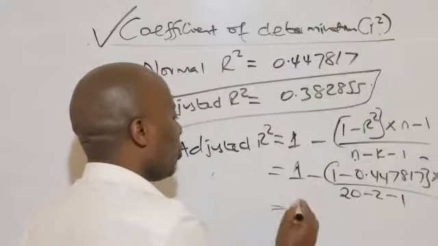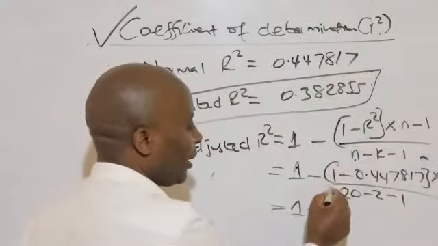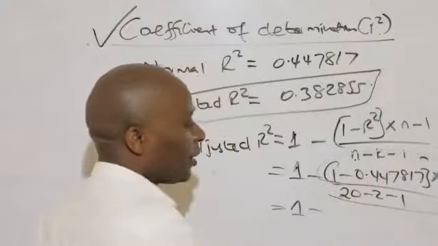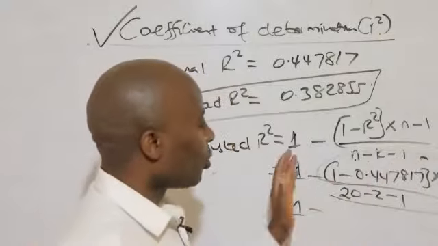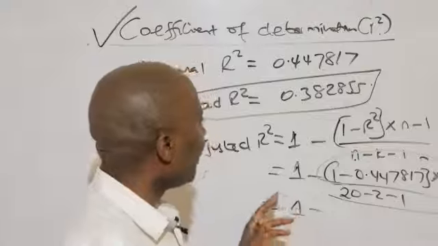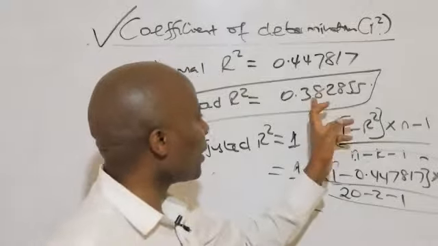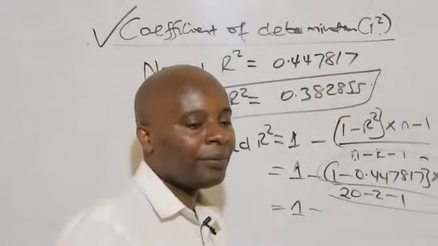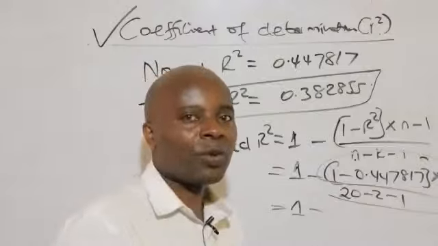This will be equal to 1 minus, I don't know whether there's anybody who will be able to give us this figure. We do this figure separately. So 1 minus this, whatever I get, times 19, divided by 17. So 1 minus that figure, check whether they give you something close to this adjusted R squared.